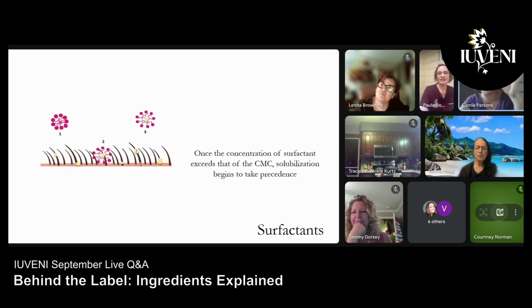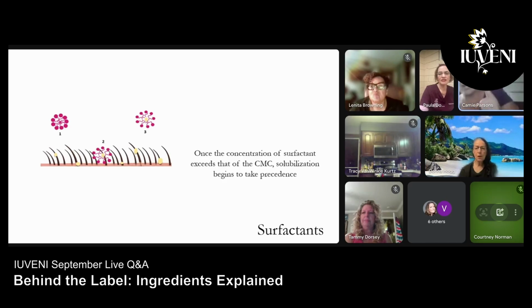You don't have a lot of protection between your hair and your CMC. Percentage wise, there's not a lot of CMC for your hair, so you will have less. People with thin, fine hair need less surfactant. Otherwise, it's going to be pulling the CMC and, by the way, drying it out.